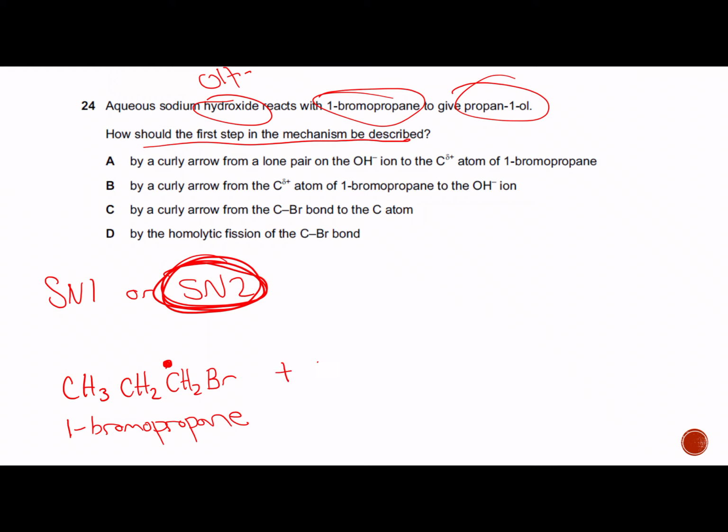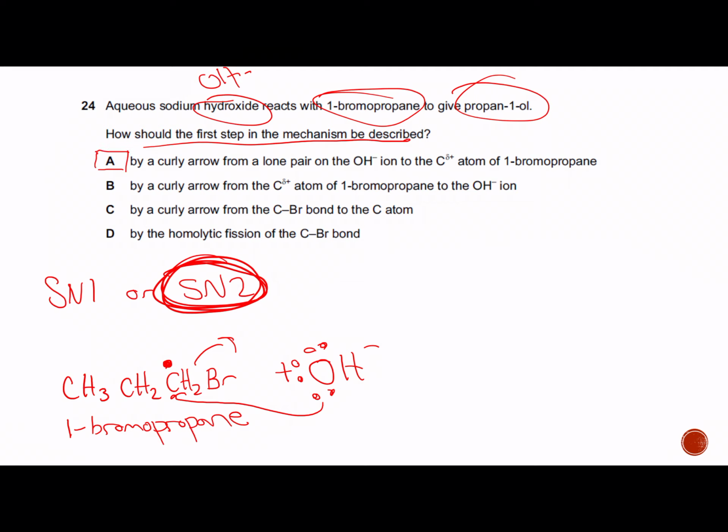You have your OH minus, and that is going to go for the carbon, and the bromine is going to leave. So the first thing would be this.